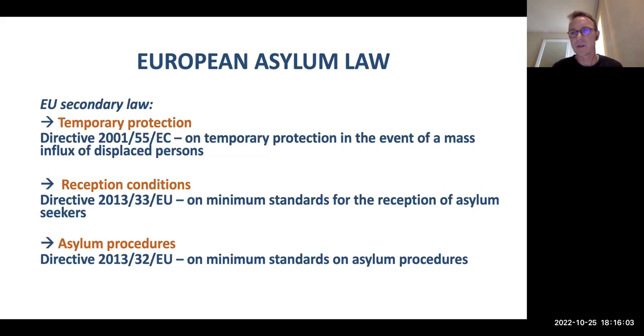This is already the 2nd generation; in 2013 they were readopted with some new features. And then we have an instrument which had never been used before the Ukrainian crisis, which we talked about in detail last time: the temporary protection system from 2001, which has been applied and activated only once.